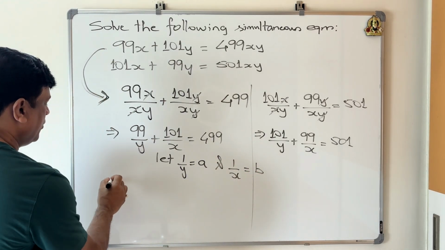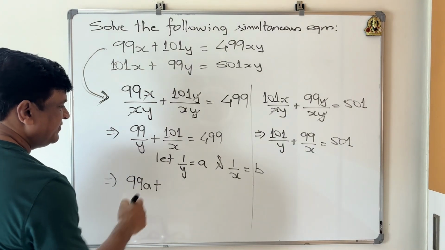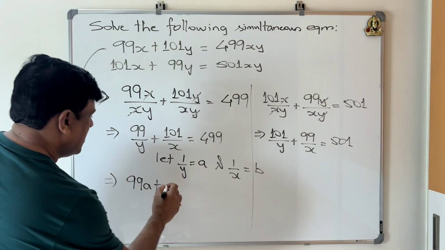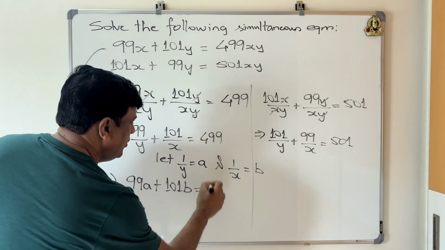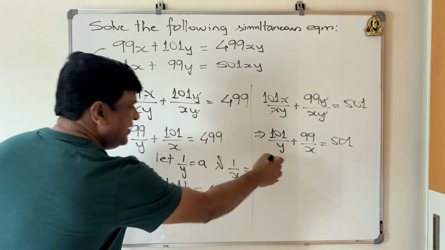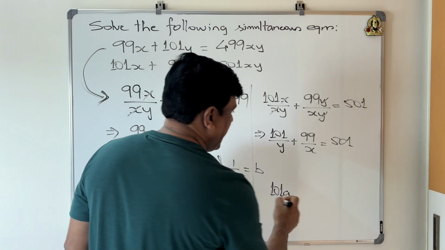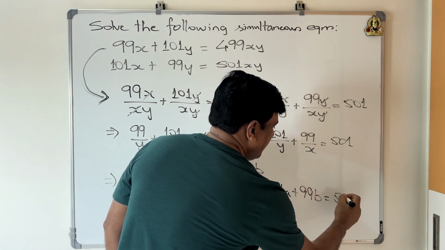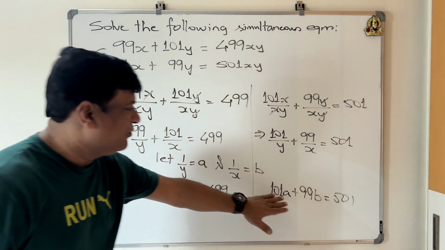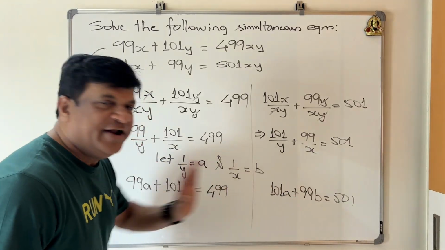Look at it: your equations come out to be 99a plus 101b is equal to 499, and the other equation becomes 101a plus 99b is equal to 501. So you brought them into a very simple format of linear equations. Now let's go ahead and solve these.